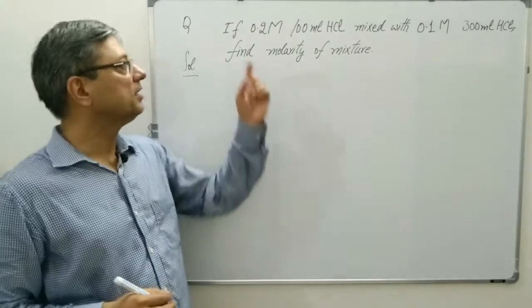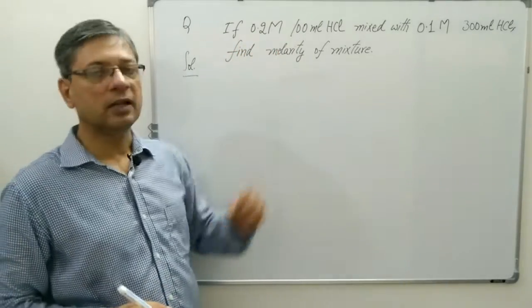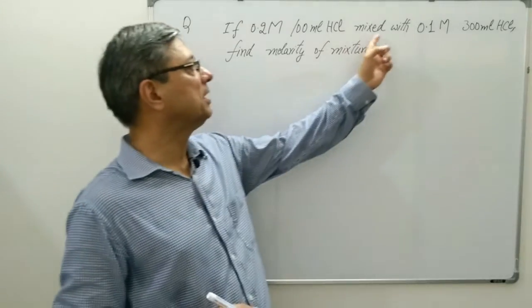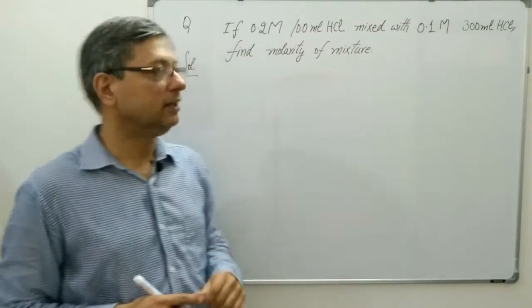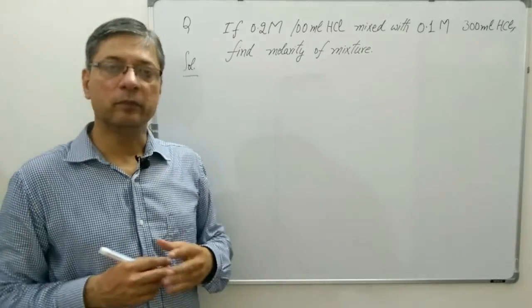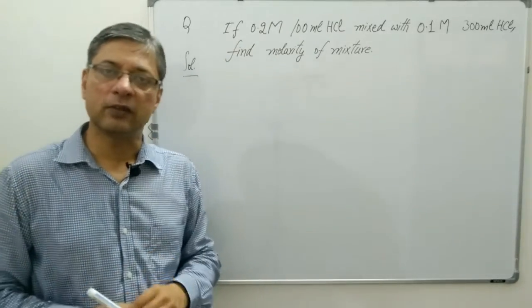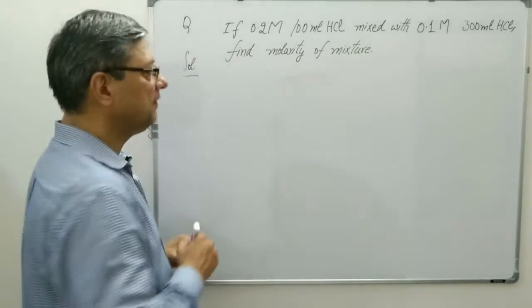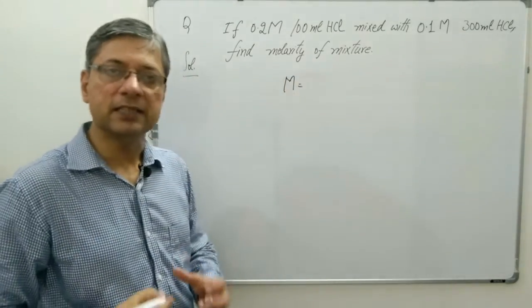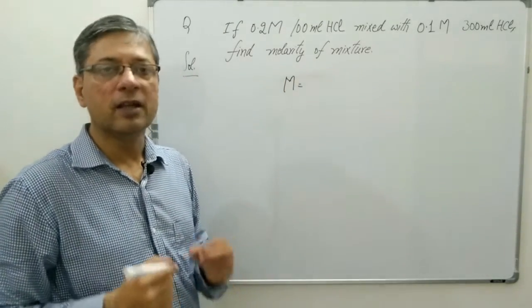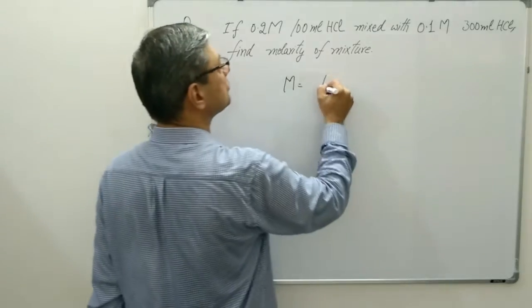Next question is, if 0.2 molar 100 ml HCl solution is mixed with 0.1 molar 300 ml HCl, find molarity of the mixture. We know the formula for calculating molarity of mixture: M is equal to M1V1 plus M2V2 upon V1 plus V2.